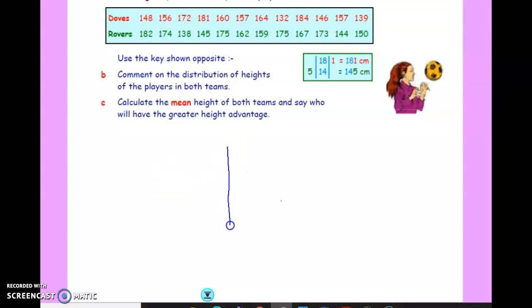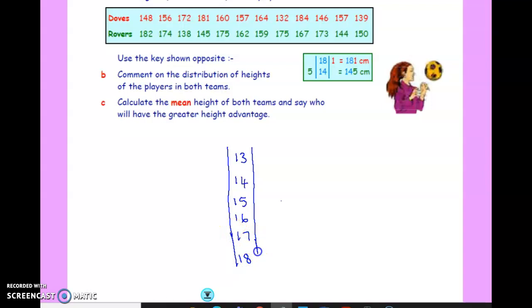Okay, so let's start with our 2 lines. It'd be nice if they were straight lines, but that's not going to happen on this. Yes, it definitely starts at 13: 13, 14, 15, 16, 17, down to 18.